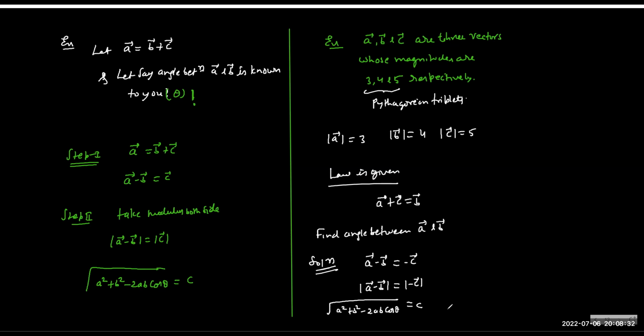Now the next logical step is to square both sides and put in the A, B, C values, because everything is given to you. Square both sides and put A, B, C. Can you solve for theta? The cos theta basically. So please do it and let me know the answer.